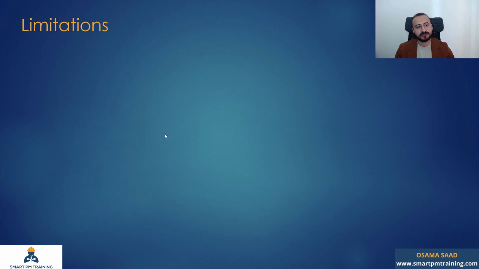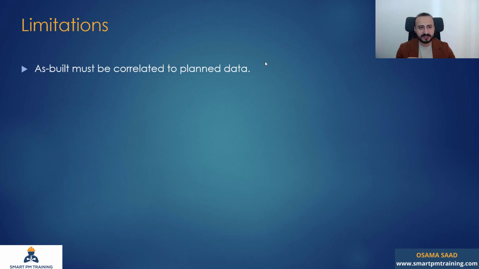What are the limitations? The as-built must be correlated with planned data. For example, if you have an activity in the baseline, let's say excavation, a major activity, I'm just giving you an example, but there are no records about excavation in the daily reports, minutes of meeting, or weekly reports.